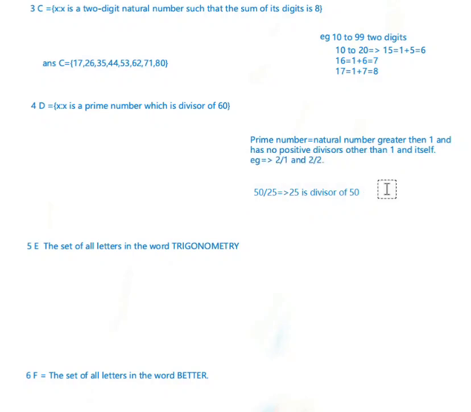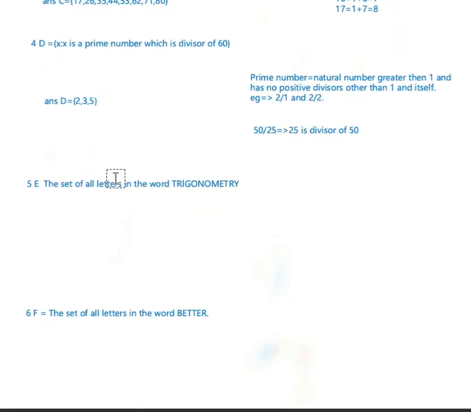So x is a prime number which is a divisor of 60. The prime divisors of 60 are 2, 3 and 5. These are the prime divisors of 60.